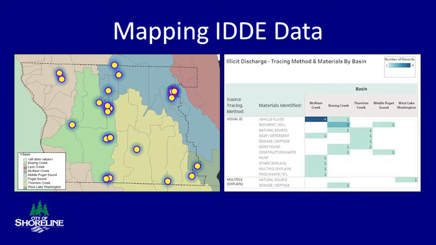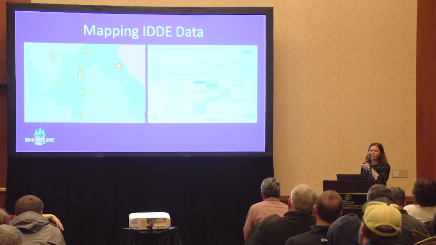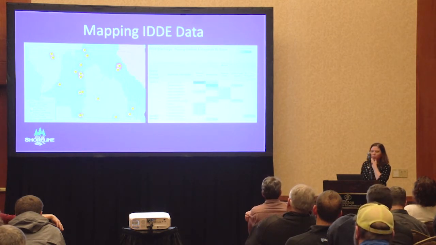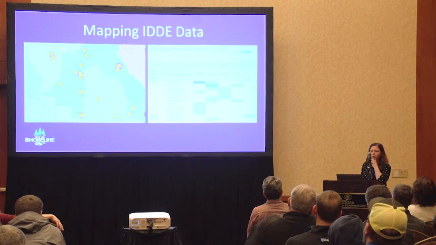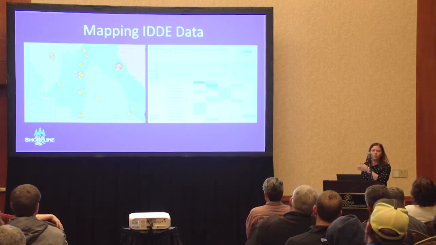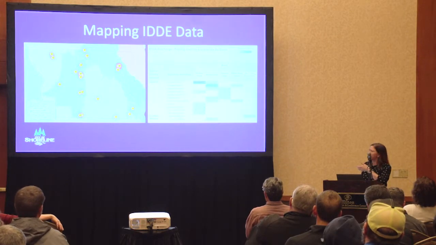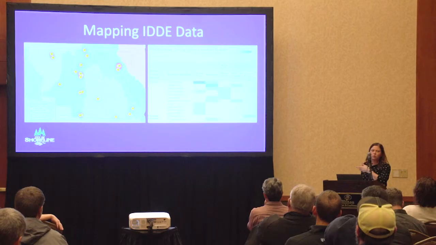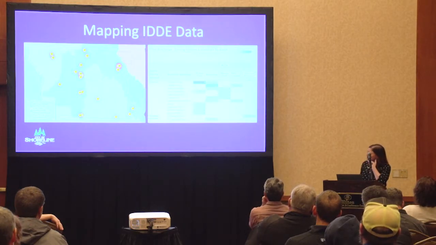So this will be helpful for us in implementing the new education and outreach requirements in the new permit, because it gives us some local water quality data that we can use to possibly inform our education and outreach efforts. For example, we can see in McAleer Creek that there was a much higher incidence of vehicle fluids than other types of materials, so maybe we would do some targeted outreach to that basin when it comes to vehicle maintenance.